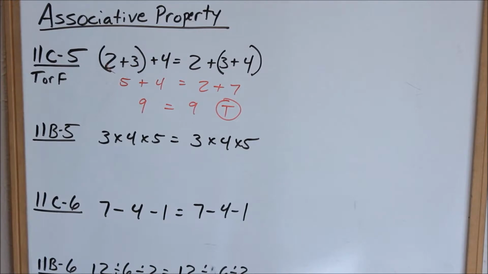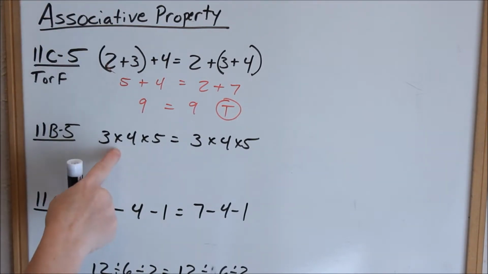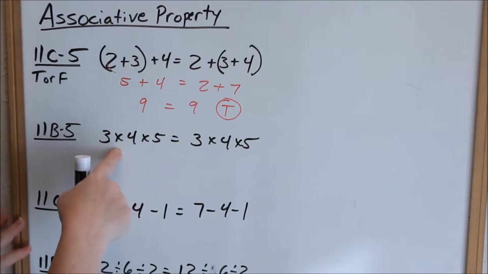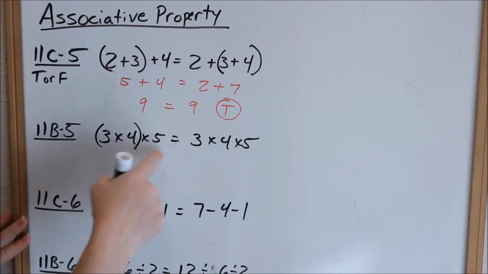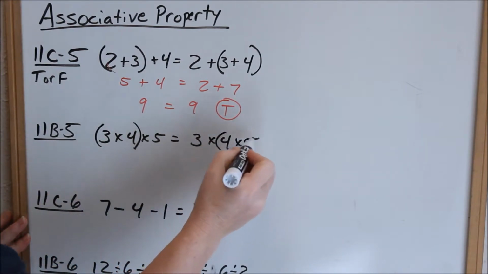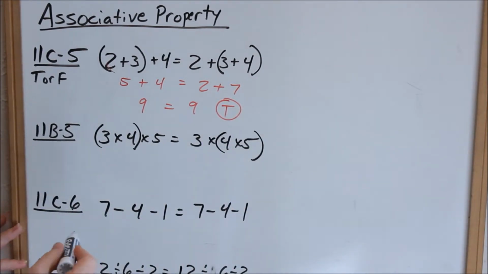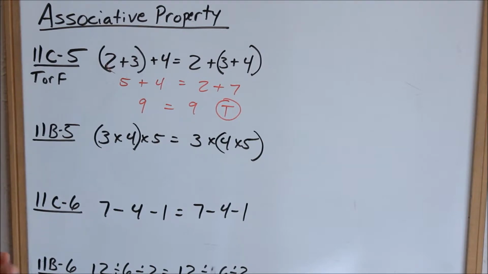Now look at 11B5. Again, I didn't put my parentheses in first because I want you to see how to remember associative property. 3 and 4 are hanging out together this week, but next week now 4 and 5 are hanging out together. And you always do your parentheses first.